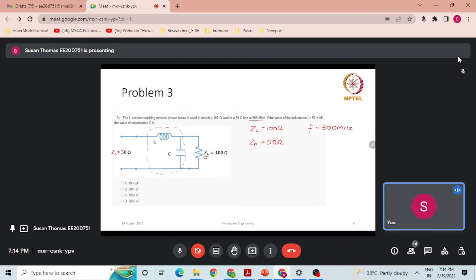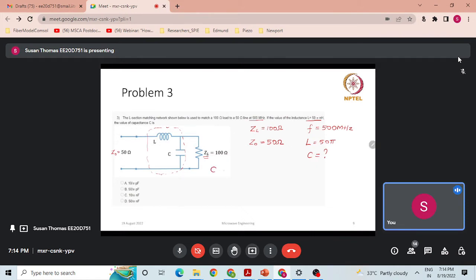If the value of L is given to you, that is L is 50 pi, then find out C. So how do we find this? We have some relationships derived during the video lectures.